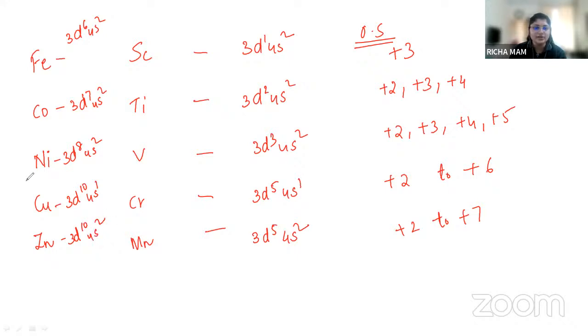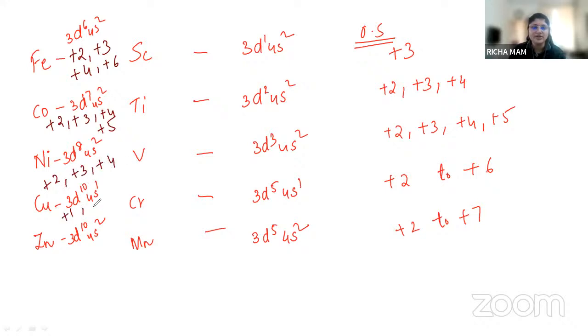Can you tell me the oxidation states? Iron can show +2, +3, +4 and +6. Cobalt can show +2, +3, +4 and +5. Nickel can show +2, +3 and +4.